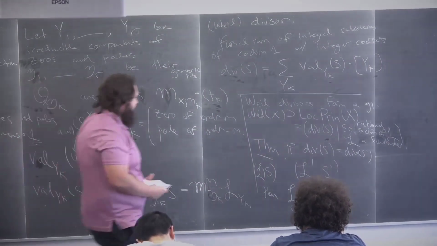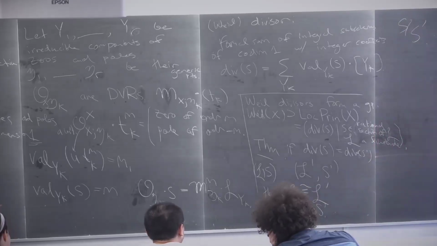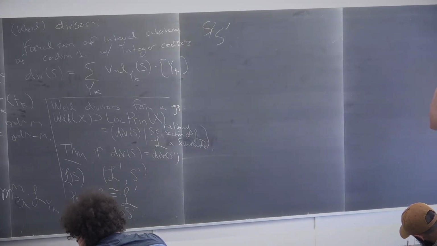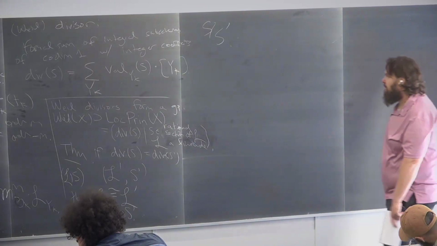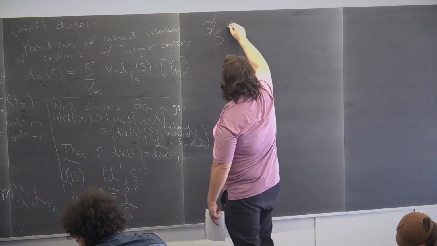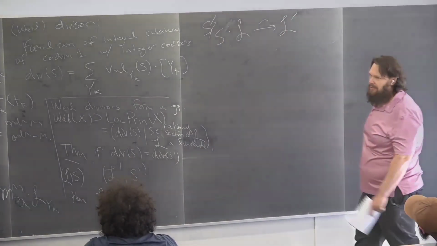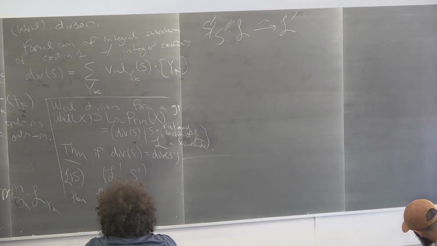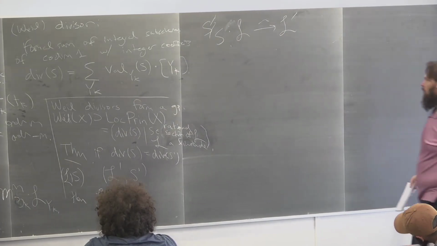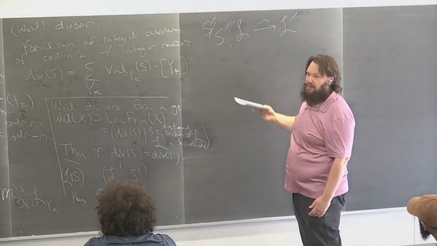And the proof is actually really easy. The proof is, look at the ratio. This ratio has no zeros and poles, because S and S prime vanish to the same order everywhere. They have poles to the same order everywhere. So, I should have done it in the opposite order. Multiplication by this guy gives me an isomorphism between these line bundles, because whenever I restrict to small enough open sets where these guys trivialize, this becomes an invertible function.